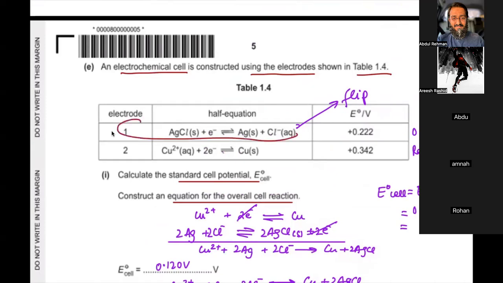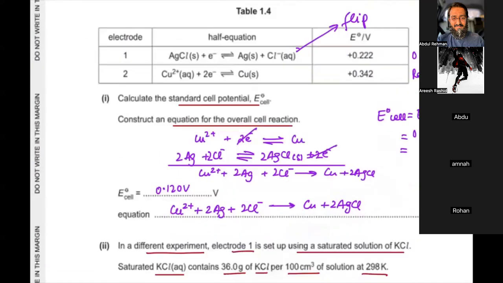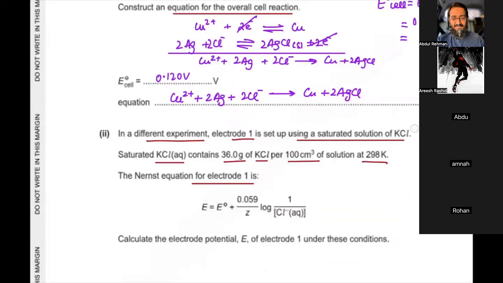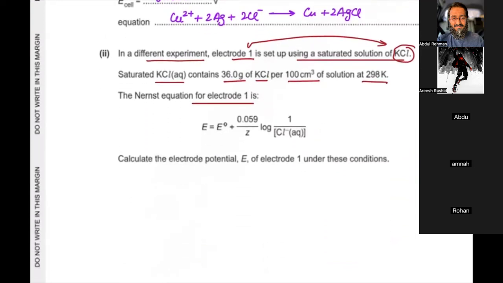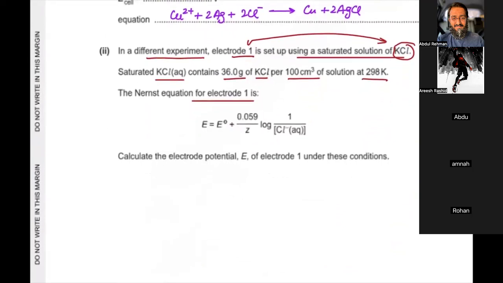Instead of this electrode 1, now this is the electrode 1 using potassium chloride. Now, here you got the equation. In this equation, this is the E naught, that is the standard value that is being provided.